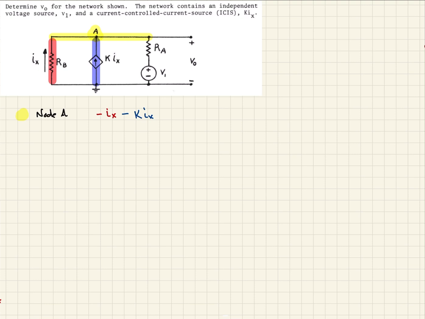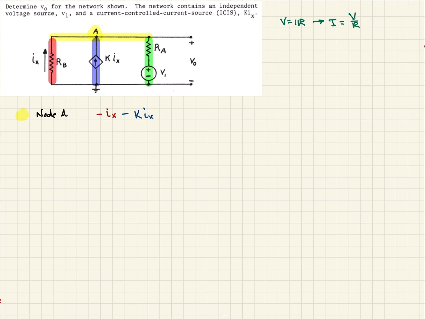And then finally, we have our branch with the voltage source. We're going to say the current there comes from Ohm's law. Remember that Ohm's law, V equals IR, but we can solve this for current, so I is equal to V over R, where V is the potential difference.